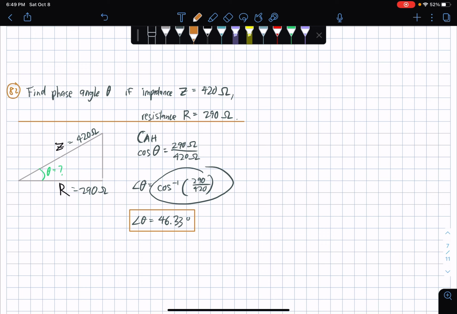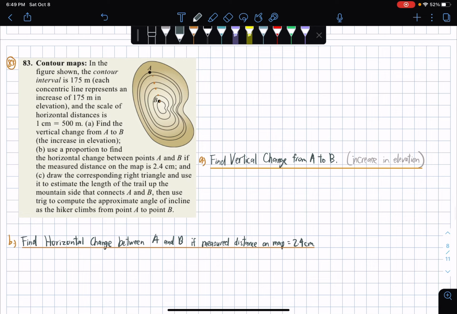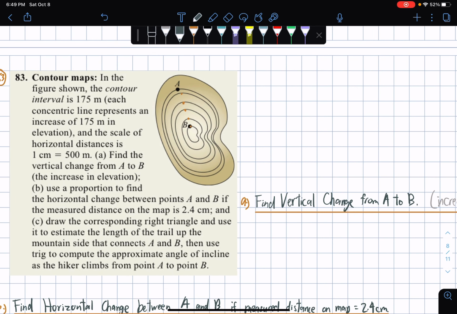Okay, let's move on to number 83 now. Contour maps. In the figure shown, the contour interval is 175 meters, such that each concentric line represents an increase of 175 meters in elevation. So basically, if you're wondering what concentric line means, it's the number of lines that you have here in this illustration. So 1, 2, 3, 4, 5.